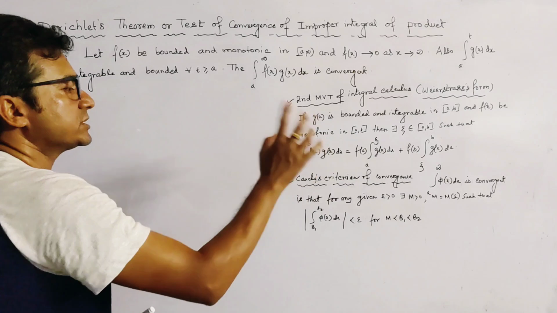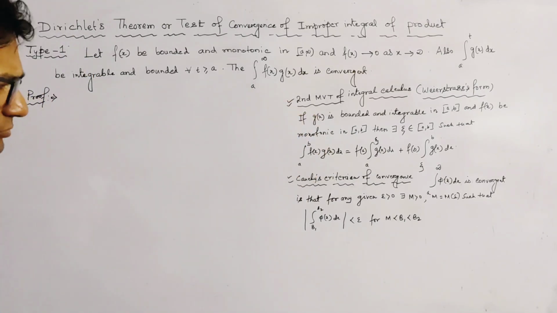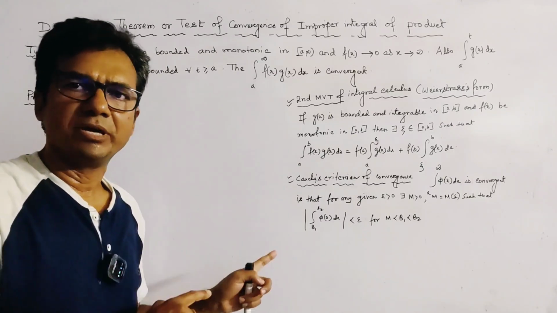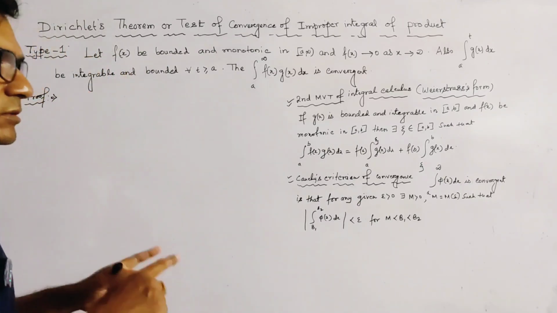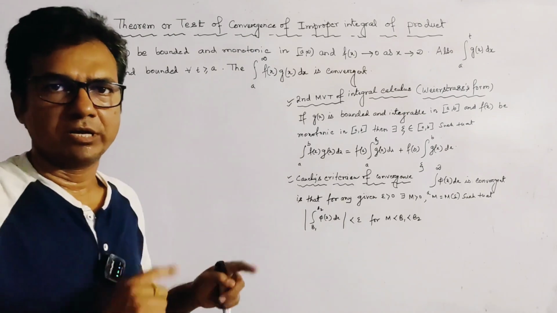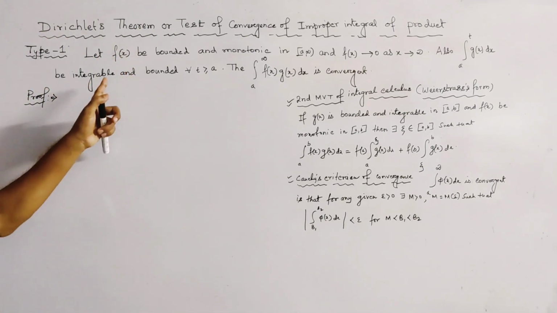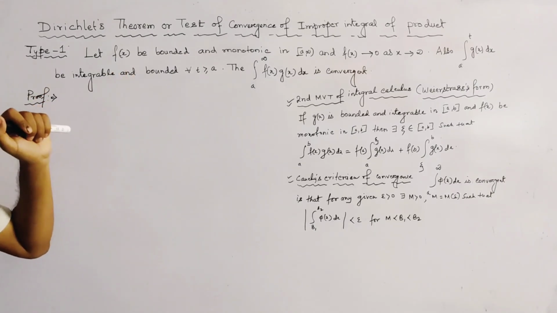This is Cauchy's criterion of convergence. We stated and proved this criterion in the previous class; see the link in the description box. Okay, now we go to the proof of the Dirichlet theorem.